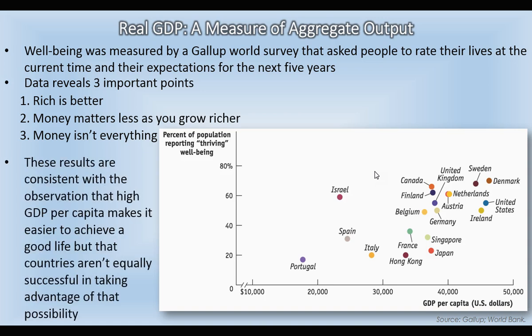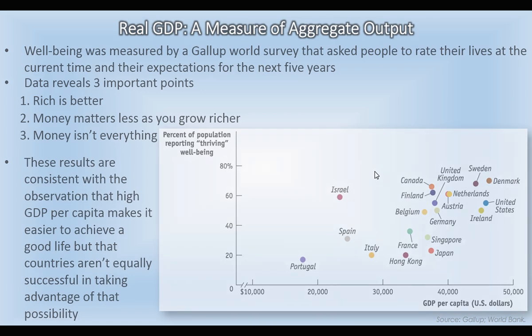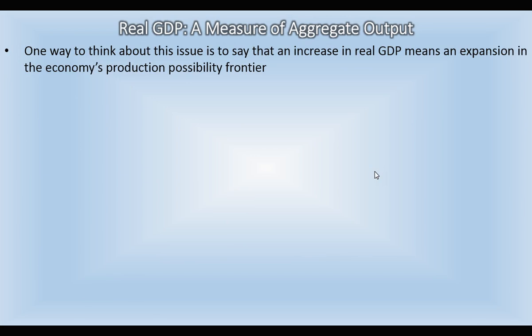So these results are consistent with the observation that high GDP per capita makes it easier to achieve a good life, but that countries aren't equally successful in taking advantage of that possibility. One way to think about this issue is to say that an increase in real GDP means an expansion in the economy's production possibility frontier, the amount that it's able to produce, given its productive resources and its existing technology.